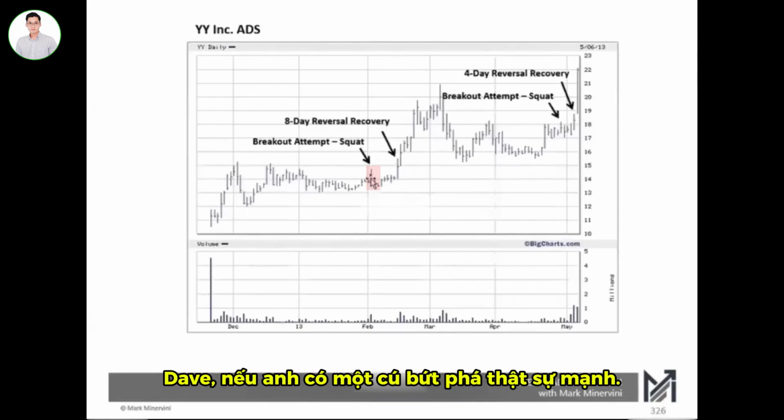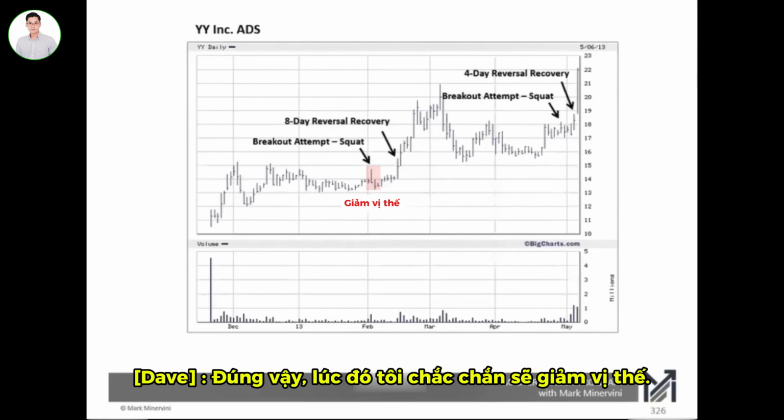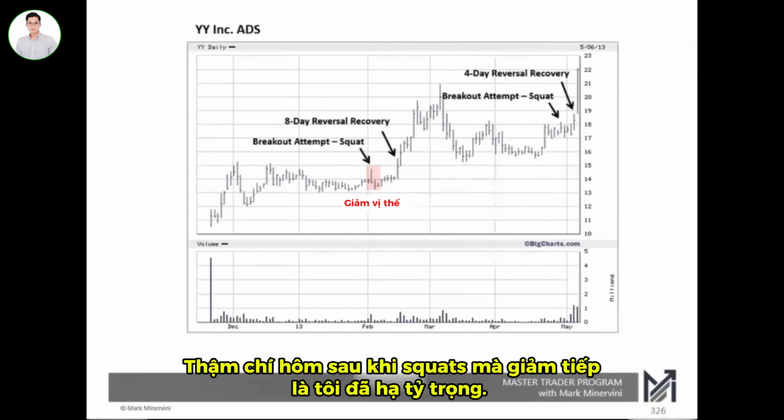Dave, if you had a real big breakout, let's just say this is up 10, 12, 15%, then it comes all the way back and closes at the low. That's a bit more ominous, right? Yeah, I would definitely take some off. I might even on this day. Well, I would probably be reducing the position on the second day after it squatted and then went lower.